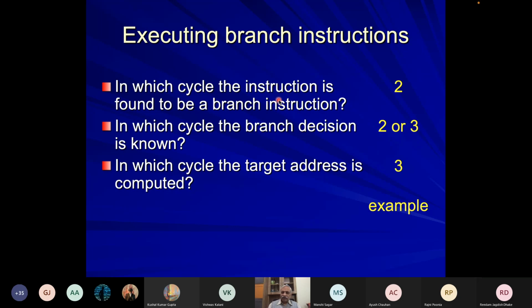First cycle is gone for fetching, and once the instruction is there in the instruction register, then in the next cycle you know whether it's a branch instruction or DP or DT or whatever. The question of whether branch is to be done or not could be done in second cycle itself. It's a matter of evaluating the condition, evaluating the predicate depending upon what the condition field specifies. So it could be done in second cycle or third cycle.